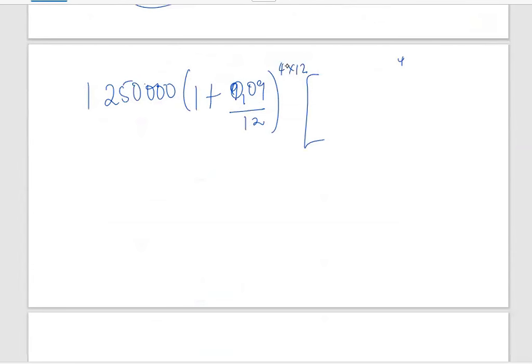Then whatever is left must grow for the next remaining 2 years, but being compounded quarterly. So 0.085 over 4 to the exponent of 4 times 2, which must give us 8.